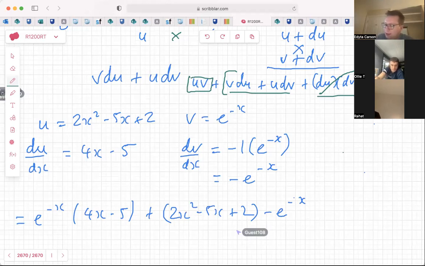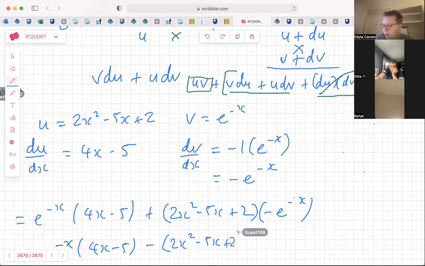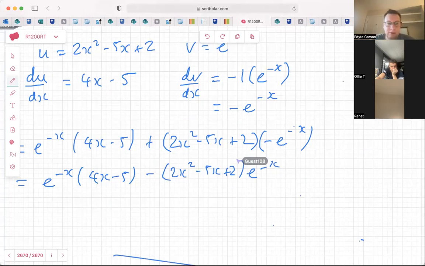We can tidy that up a bit by putting that minus in front of the quadratic. So there we go. That differentiates to e to the minus x times 4x minus 5, minus the quadratic times e to the minus x.